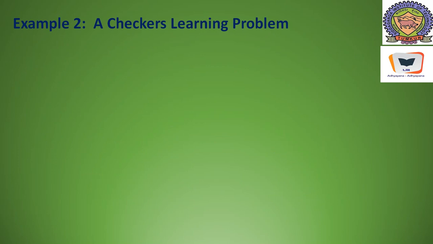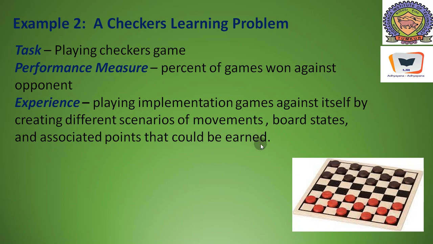And the second example, a checkers learning problem. Of course, a machine learning program was built years and years ago which has beaten some of the authorities on the checkers game, and the task is playing checkers. The performance measure should be the percentage of games won against opponents. And how do you provide the experience?